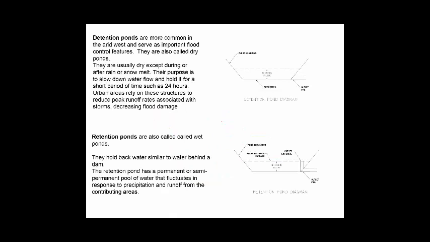We talked about the difference between a detention pond and a retention pond. The detention pond is a dry pond, very similar to what is built in subdivisions. And then the retention ponds, which are the wet ponds, which generally retain some volume of water. You have structures like dams, and then you have an outlet pipe that is above a certain level.